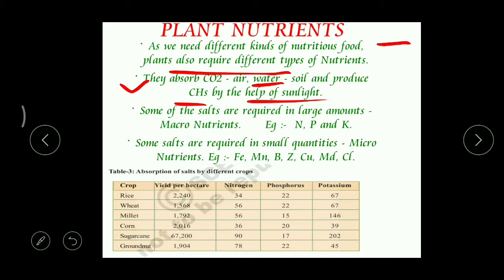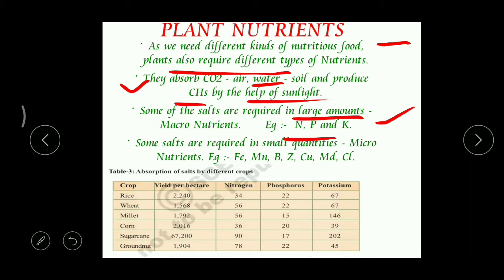Even vitamins and minerals in a less amount. Just like that, plants also need some nutrients in large amounts and some in less amounts. Nitrogen, phosphorus and potassium, these three are needed by the plants in large amounts.